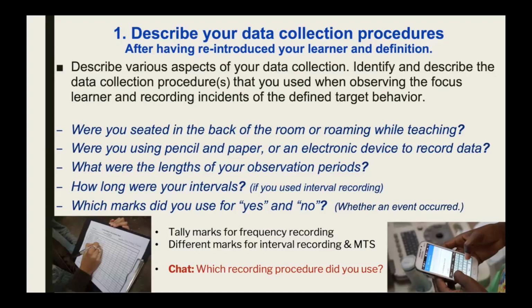You can cut and paste that from part one, or you can summarize it. I just need to recollect the student and say, oh, yeah, I remember reading that. And I'll also need your target behavior. So again, I know I'm back up to speed with regard to your student.